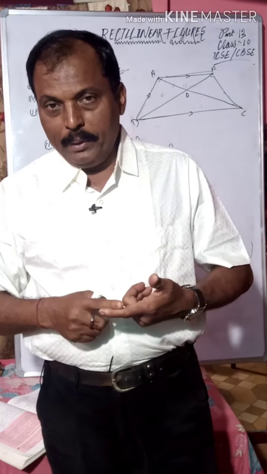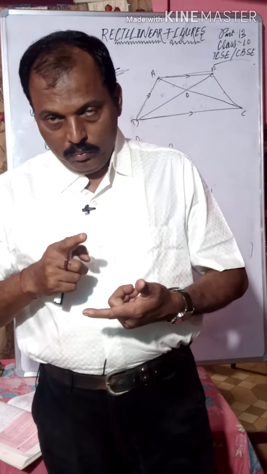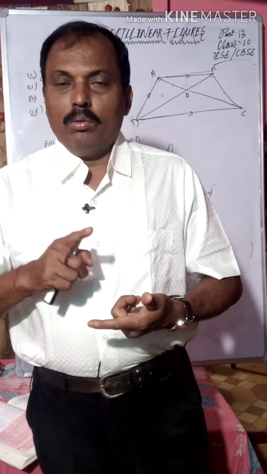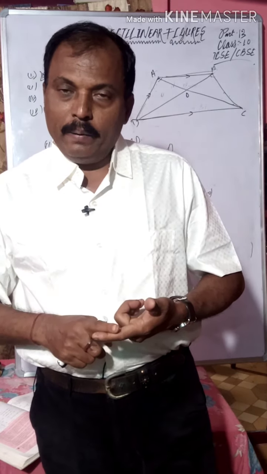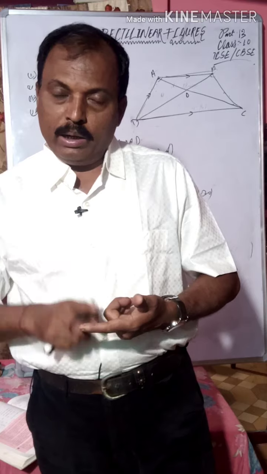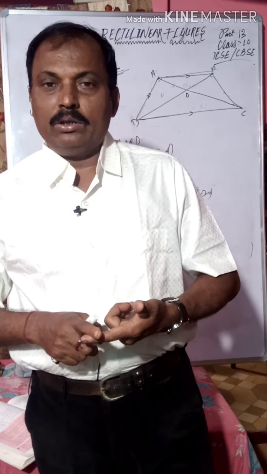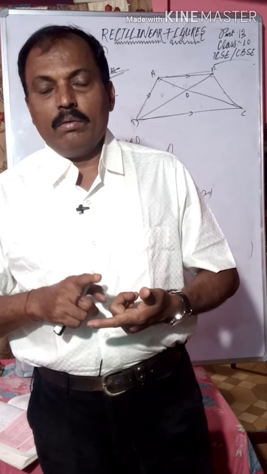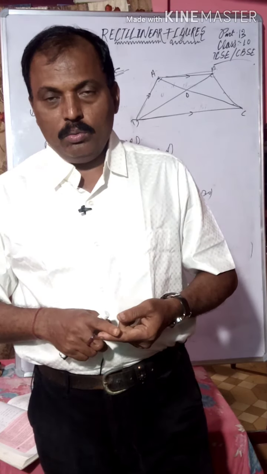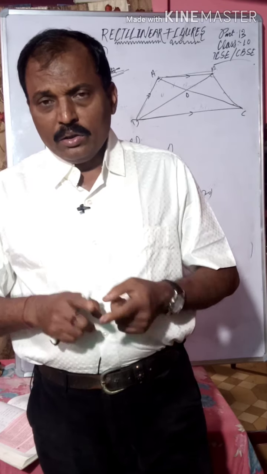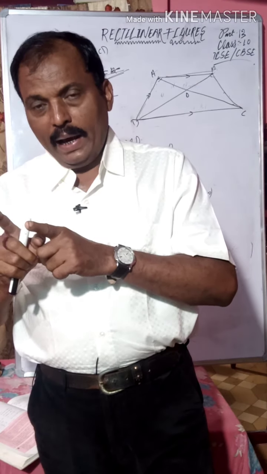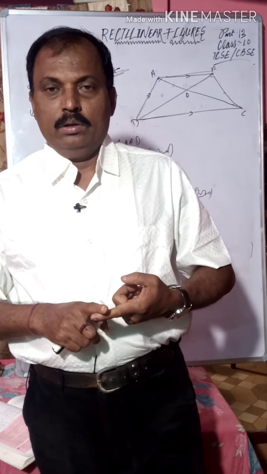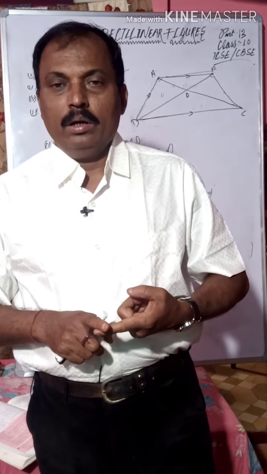In an isosceles trapezium, two opposite sides are parallel and one pair of opposite sides are non-parallel. Whenever the non-parallel sides are equal, then that trapezium is called an isosceles trapezium. In an isosceles trapezium, the diagonals are equal in magnitude and the angles adjacent to each parallel line are equal.